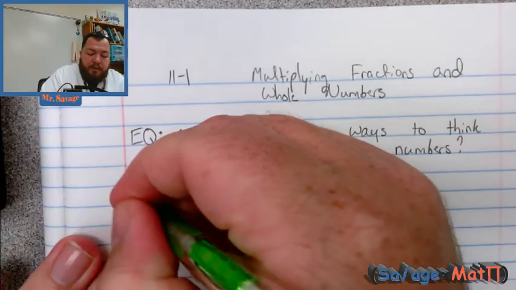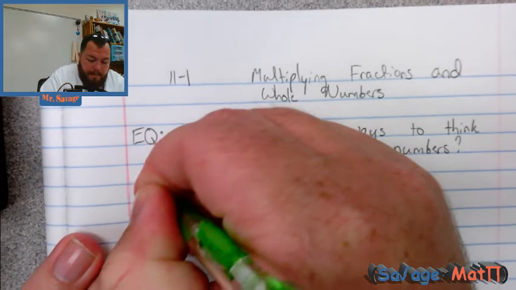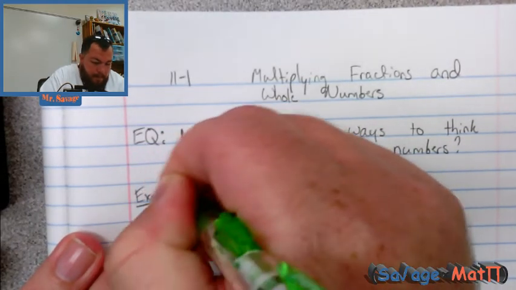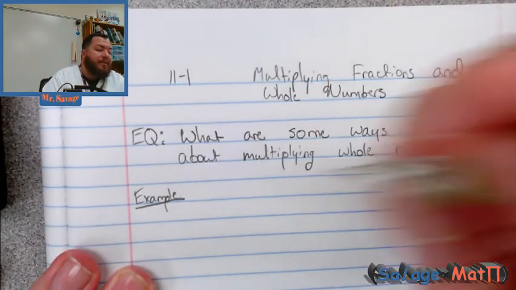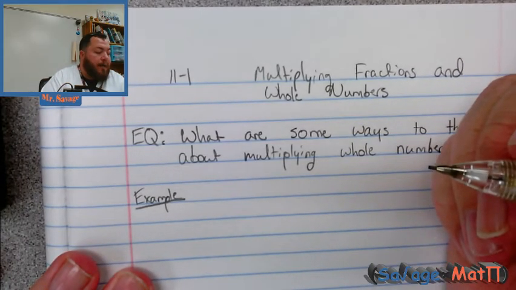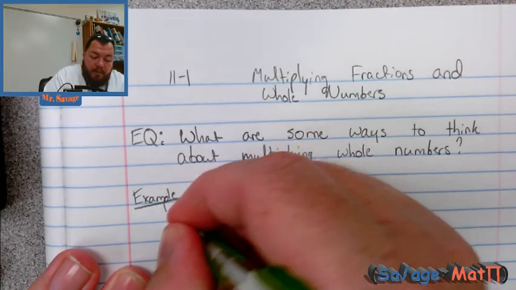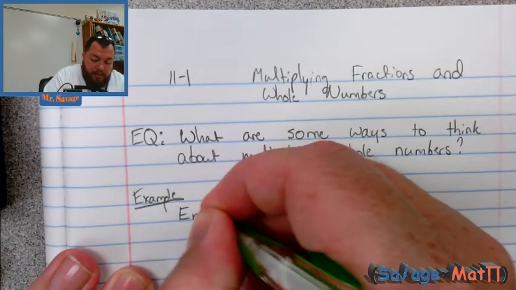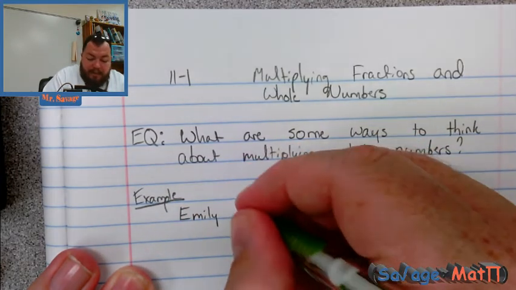So the example we're going to use today is: Emily has 6 eggs. She needs 2/3 of the eggs to make an omelet. How many eggs does she need? So let's copy down our question. Emily has 6 eggs.